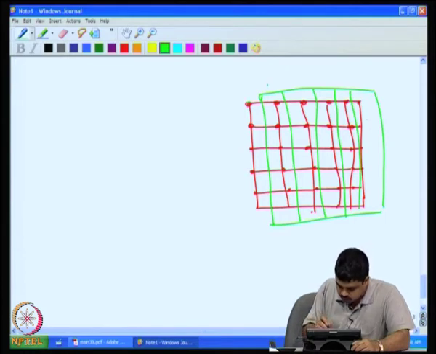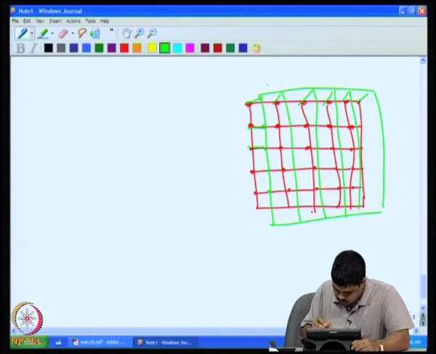So, then and also connect it this way. So, that means this is called a double grid.